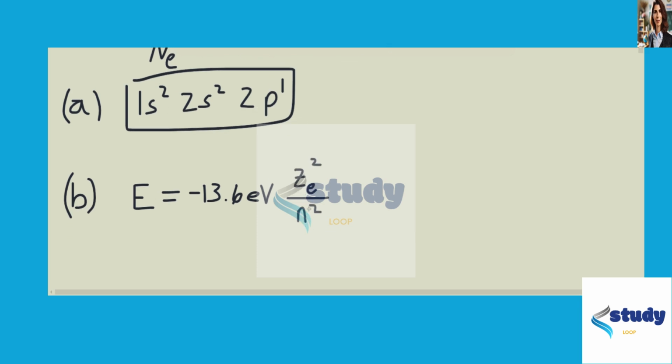To find the energy for part B, the energy is equal to negative 13.6 electron volts times Z effective squared divided by the orbital that we're dealing with, n squared. For the least strongly bound level here in N2+, Z effective is equal to 3. So this is negative 13.6 eV times 3 squared.